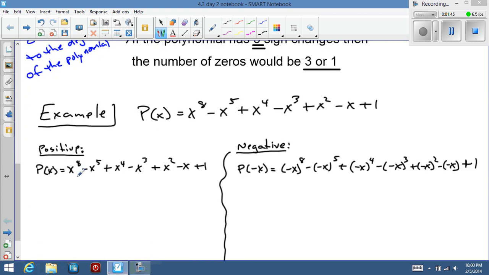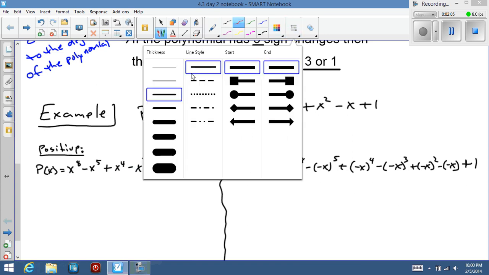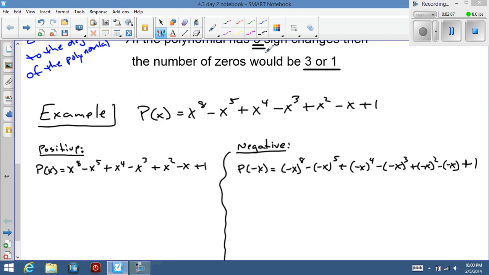So let's look at this example. We have p of x equals x to the 8th minus x to the 5th plus x to the 4th minus x cubed plus x squared minus x plus 1. To find the maximum number of positive zeros, we just take the polynomial itself and count the sign changes. Here we've got a positive coefficient, then minus, so that's a negative.